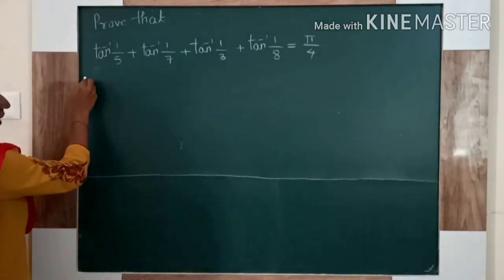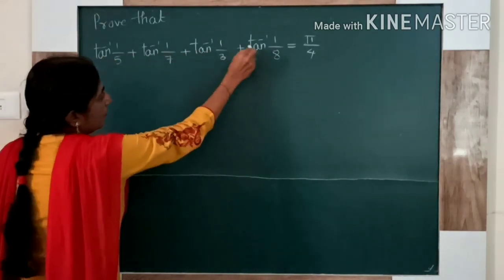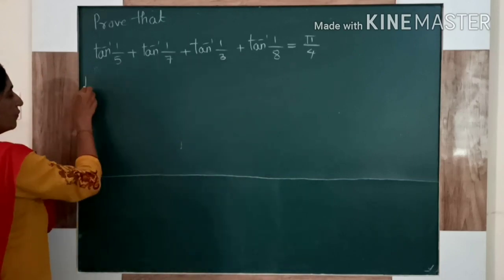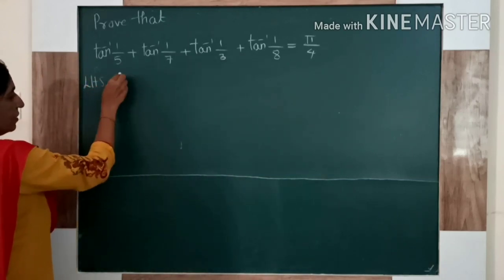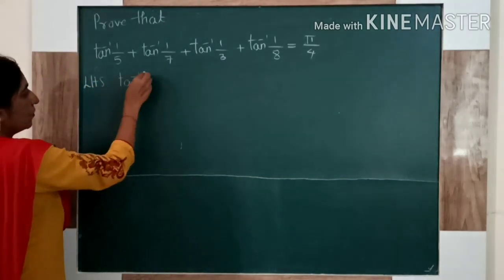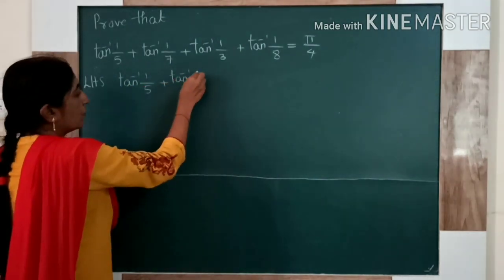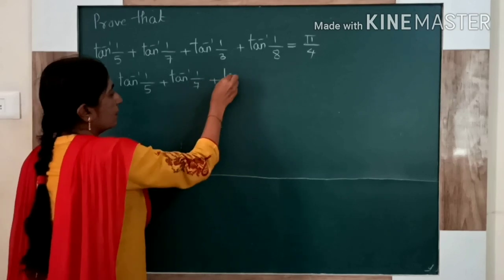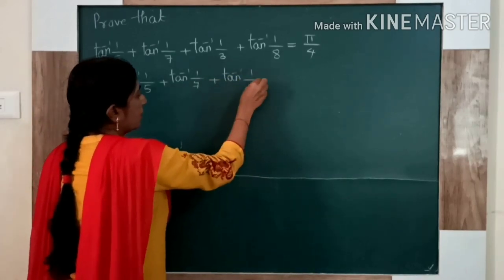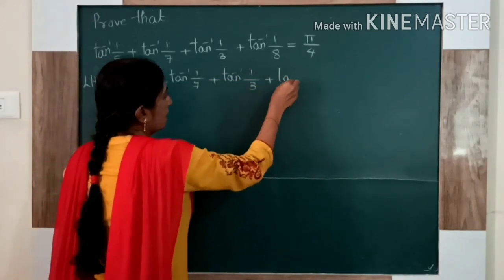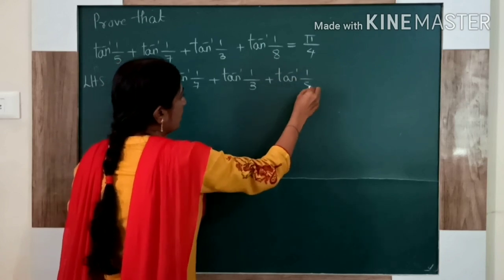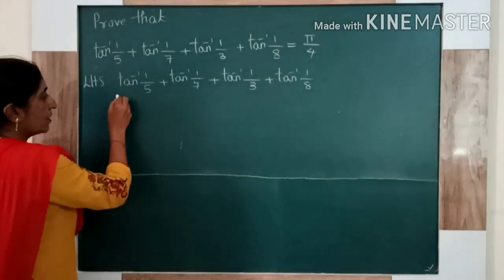Again here we have 4 terms, but the formula is for 2 terms. First write down the LHS: tan inverse 1 by 5 plus tan inverse 1 by 7 plus tan inverse 1 by 3 plus tan inverse 1 by 8. 4 terms.